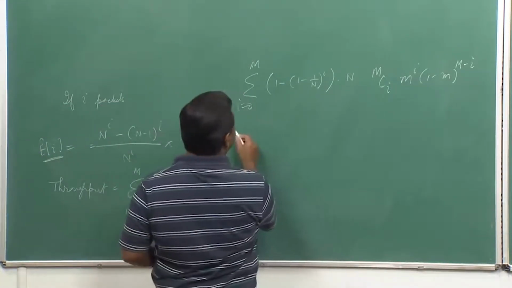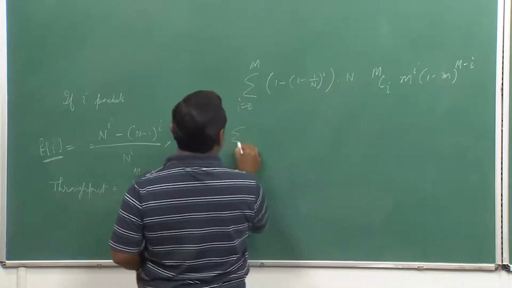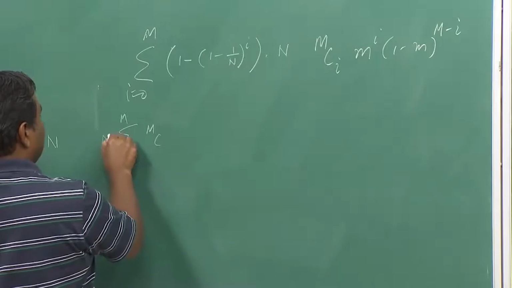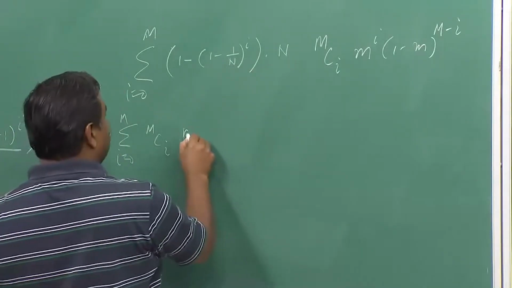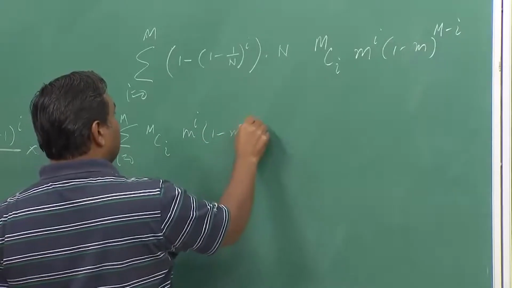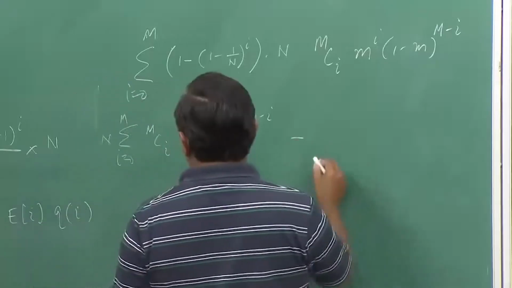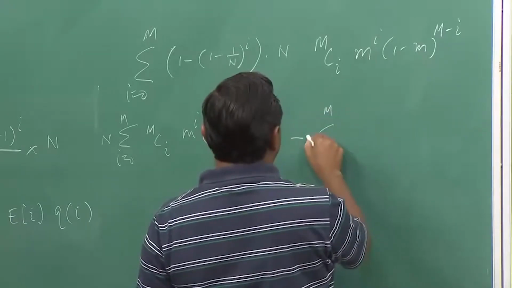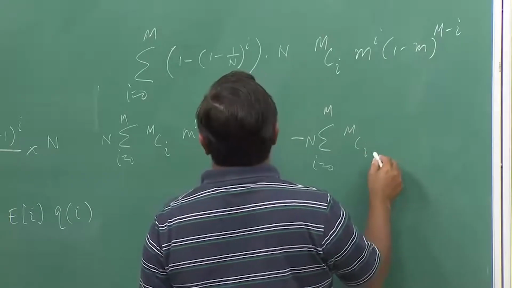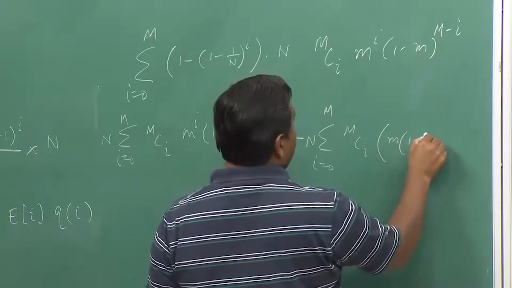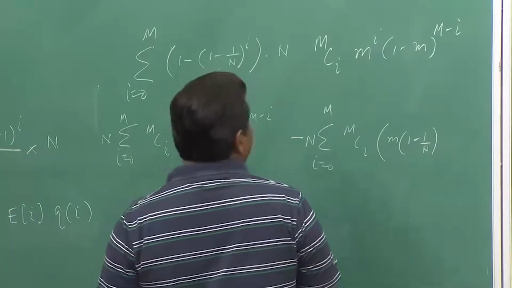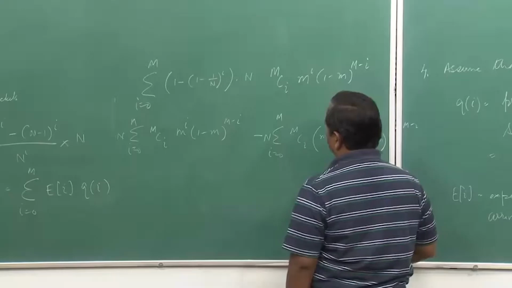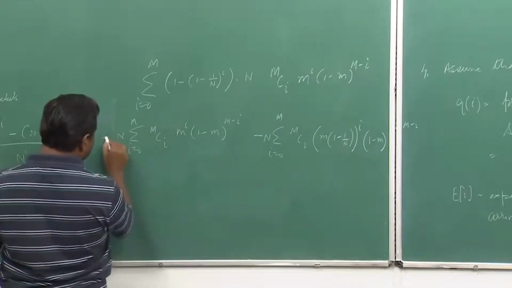So, this now can be written as, with this one, so n, this n I can take out, m C I minus. So I can expand this.